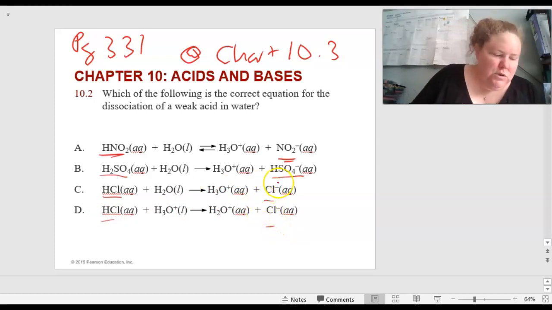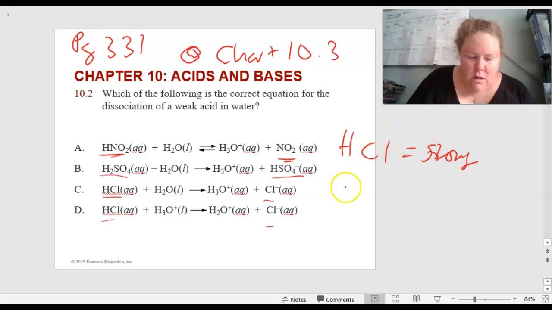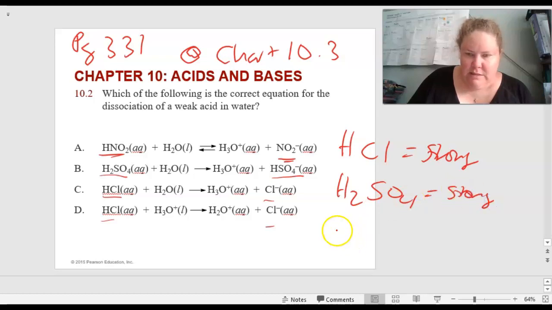And so when we look at that chart, we know that HCl is strong. Okay, so HCl is strong. H2SO4 is strong, but HNO2 is weak. Weak, I can spell.